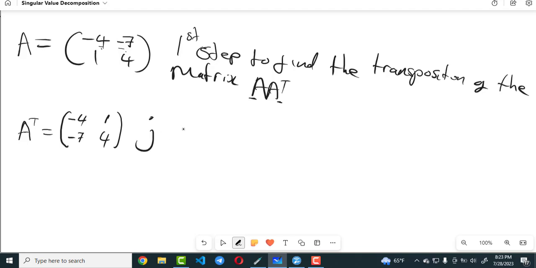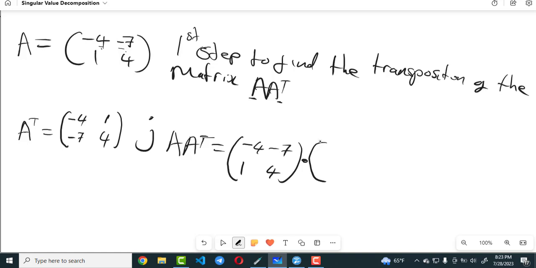So to do so, we say A power T times A is equal to our original matrix -4, -7, 1, and 4 dot our transposition matrix, which is -4, -7, 1, and 4. So we are going to multiply these.